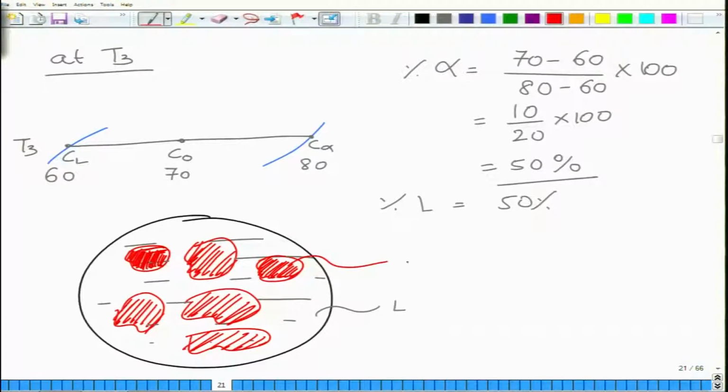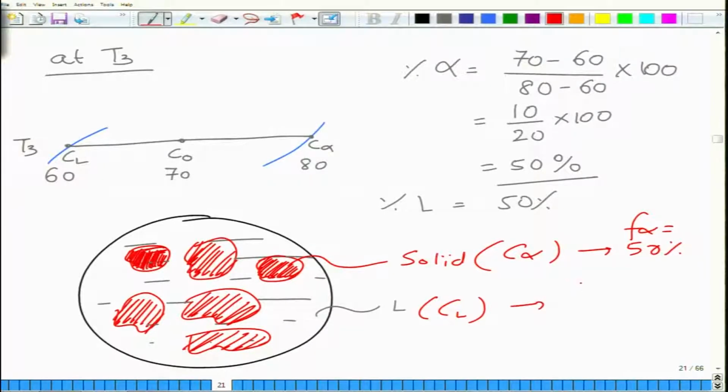So, this is solid. So, solid of composition C alpha, liquid of composition CL, which is about 80 and 60, and now solid is about 50% F alpha and FL is about 50% also. So, solid has grown in mass.